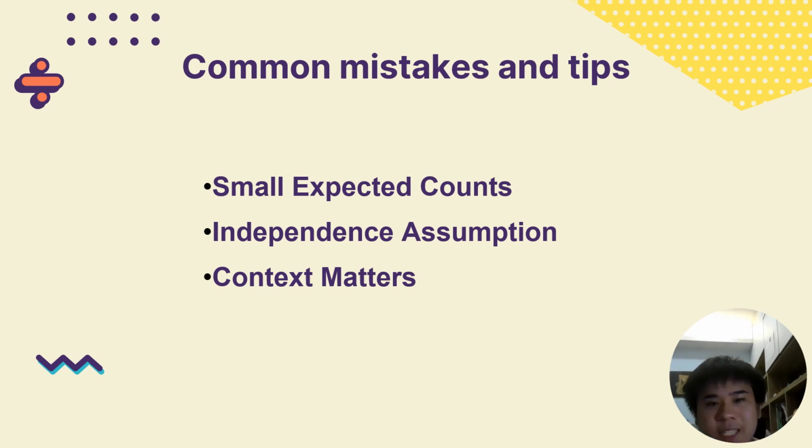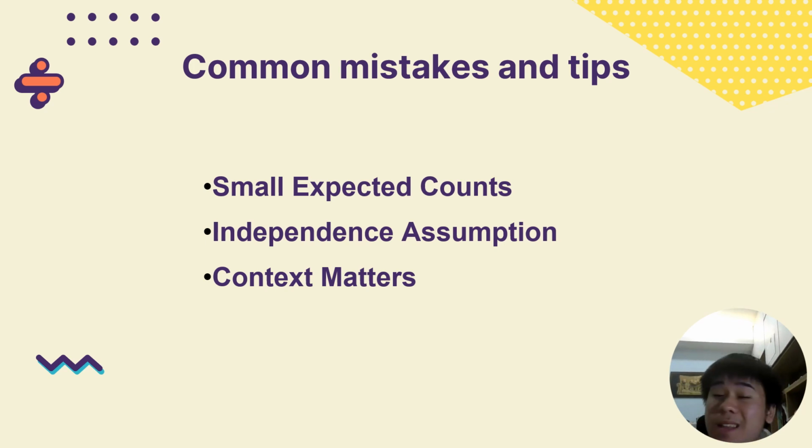Now, some common mistakes and tips for this unit. First of all, small expected counts. You need to ensure that all expected counts are at least 5 to satisfy the condition. Independence assumption. You need to ensure that the samples are independent, especially in the test for independence. Last but not least, the context matters.